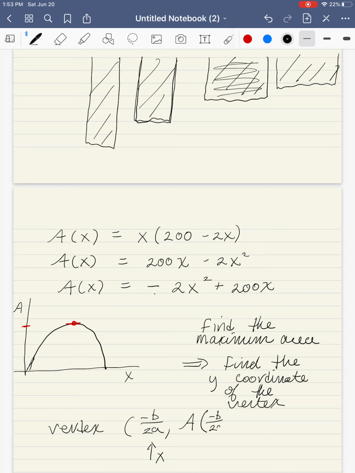This is going to give us my x. And then I'm going to plug that into the function, and that's going to give me my area.